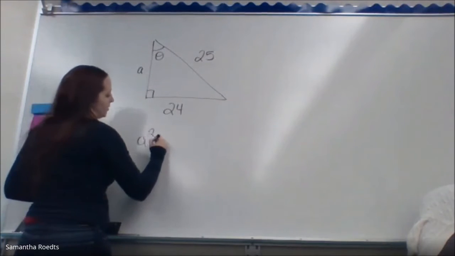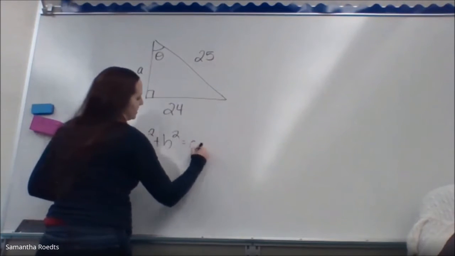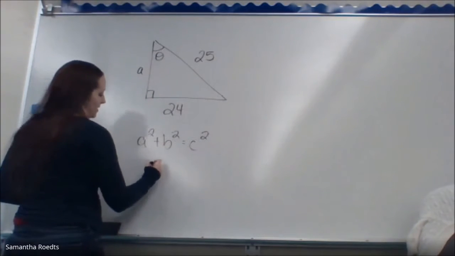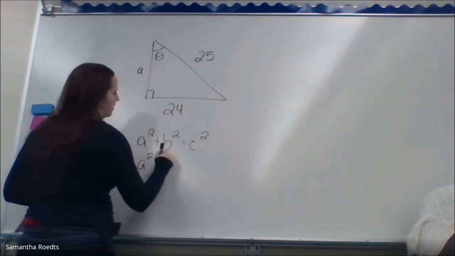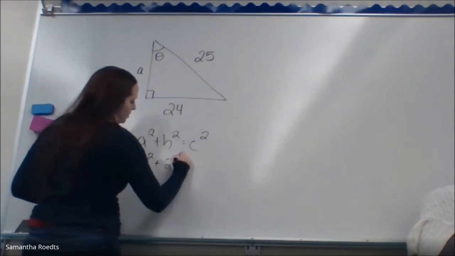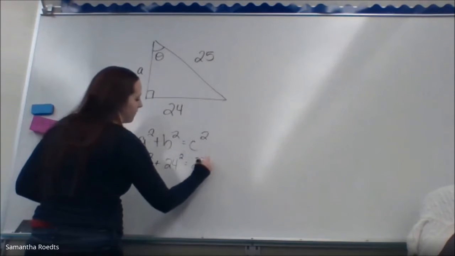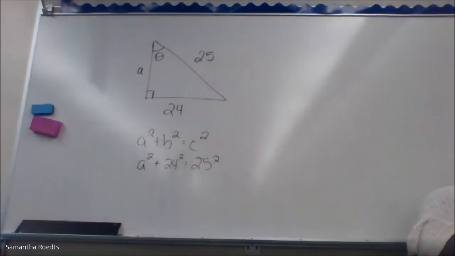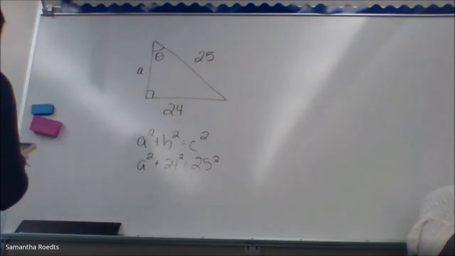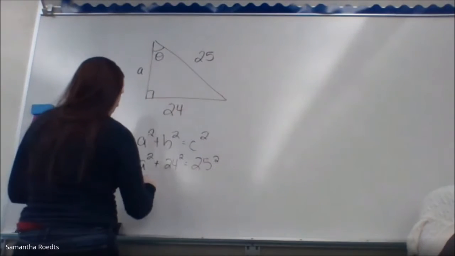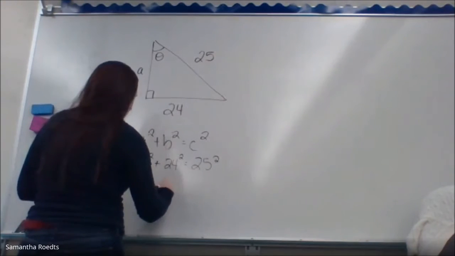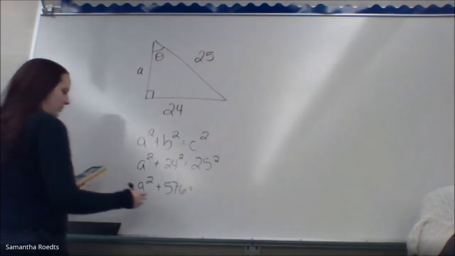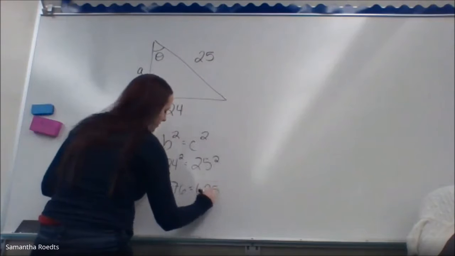So that's a squared plus b squared equals c squared. This works, remember, because it's a right triangle. So a squared I'm missing. b squared is 24, so 24 squared, and c is 25 squared. Okay, so 24 squared gives me 576. 25 squared gives me 625.